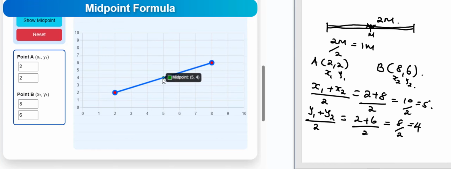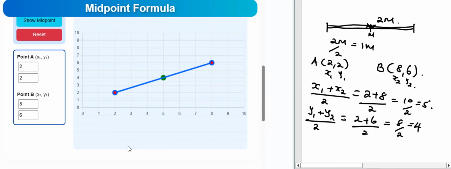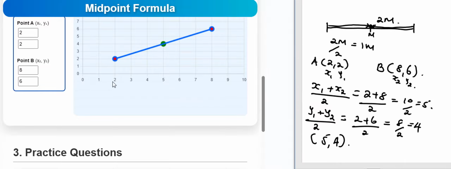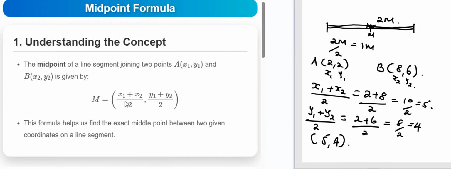And if you check at our midpoint, the value is 4. So the midpoint of this line is 5 for the x-axis and 4 for the y-axis. And that's how we apply this formula for midpoint.